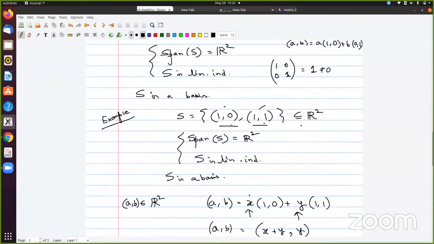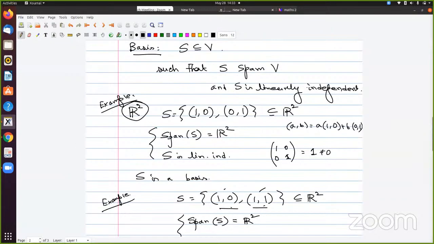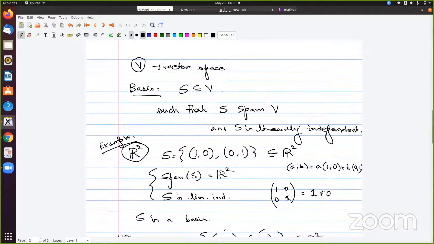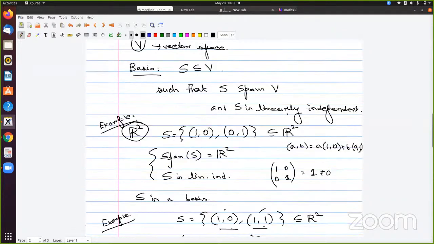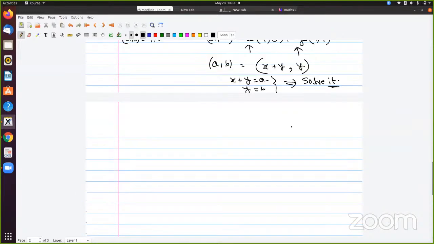So basically the definition of basis is clear, right? And it is clear that one vector space has infinitely many bases. Now another thing is coming into the picture here, which is called the dimension of a vector space.